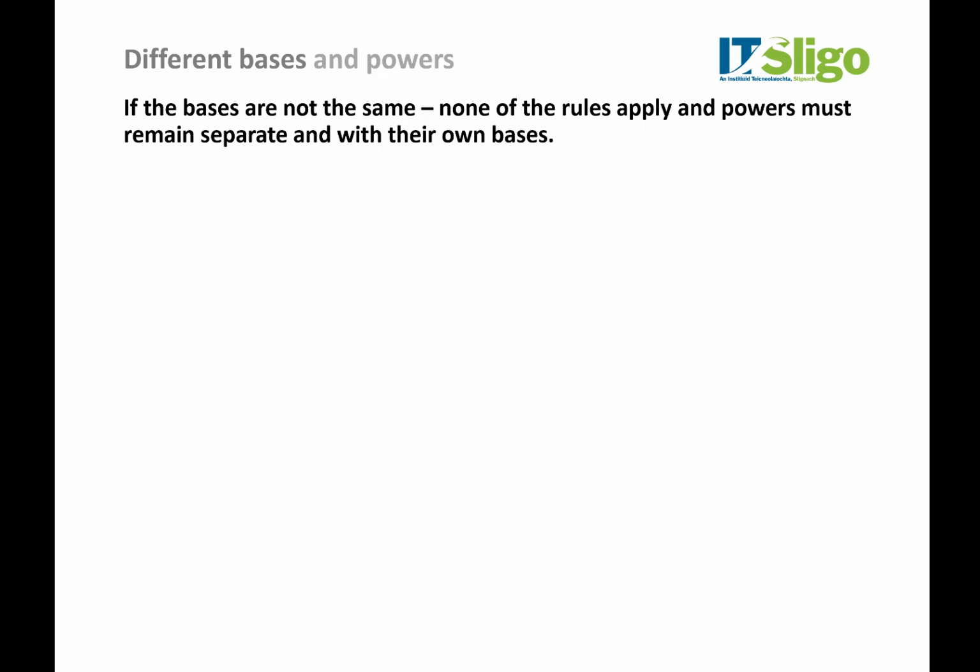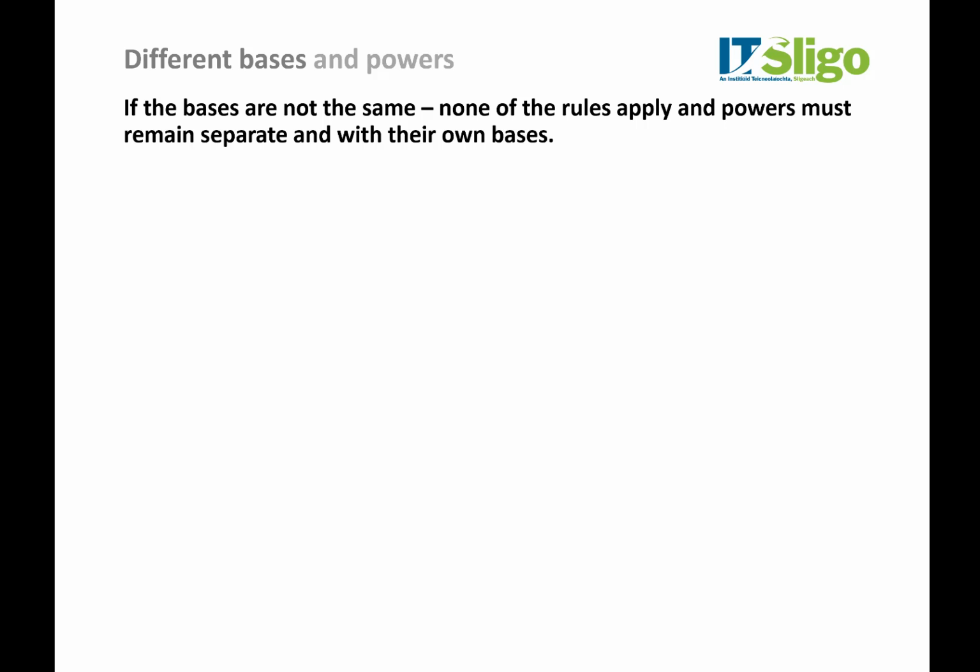If there's different bases, guys, so say if the bases aren't the same, then none of the rules we just looked at apply. Those rules only apply when the bases are the same. If the bases are different, guys, the powers just stay with their own bases. The powers cannot be added or subtracted or anything like that. They just stay with their own base.